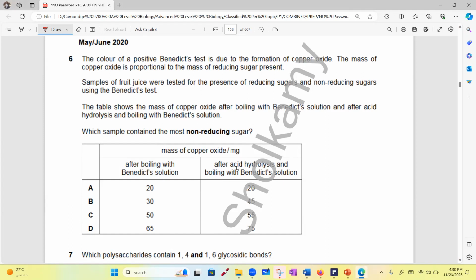And then after acid hydrolysis and boiling with Benedict solution. Why do we boil with acid? To find out that we have which type of sugar when we boil with acid? Non-reducing. Okay, now which one has the most mass of non-reducing sugar? And how did you calculate it? Tell me.